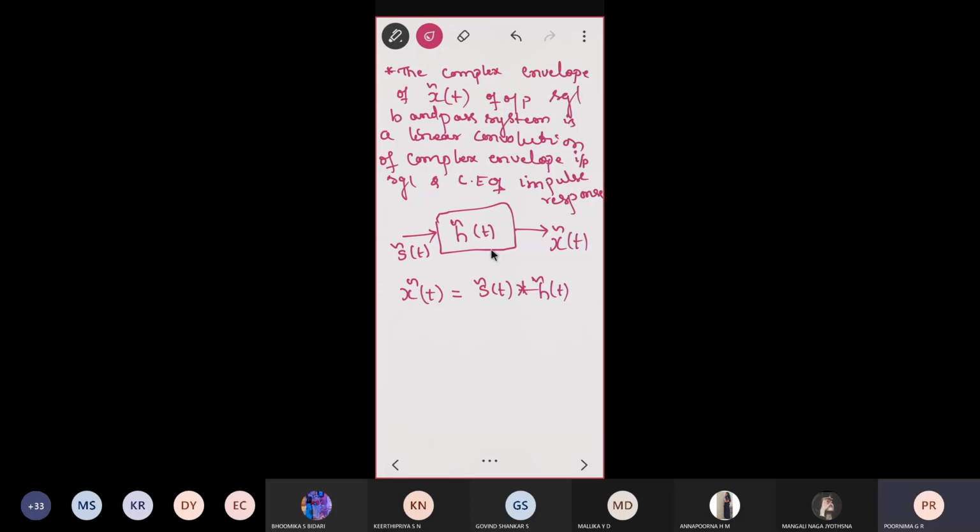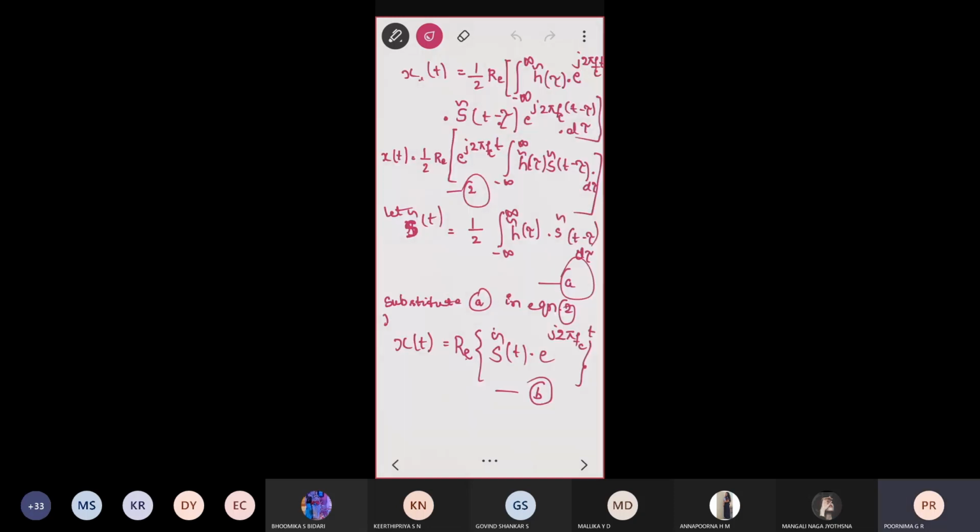So what is from equation A? What is equation A? Please look here. S tilde of t is equal to half of the integral from minus infinity to plus infinity of h tilde of tau with s.